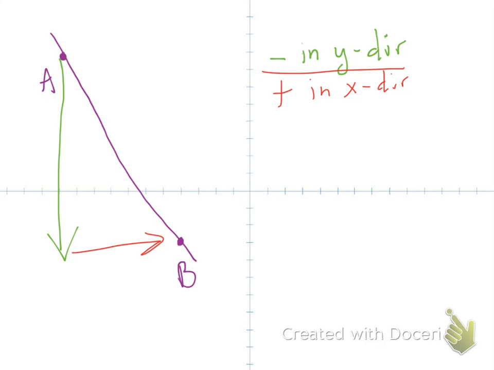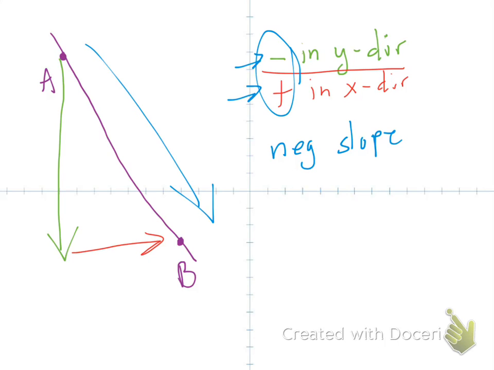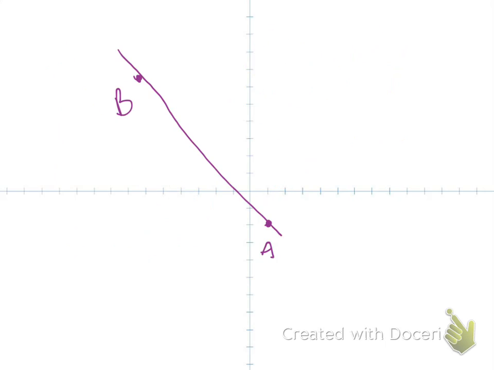Again I divide, and I know that a negative divided by a positive is going to be a negative slope. And this line is in fact going down. So the line is going down because of the negative, and we got the negative because negative divided by a positive is a negative. Let's look at the other one from today.